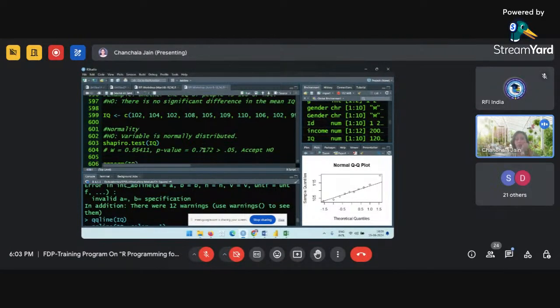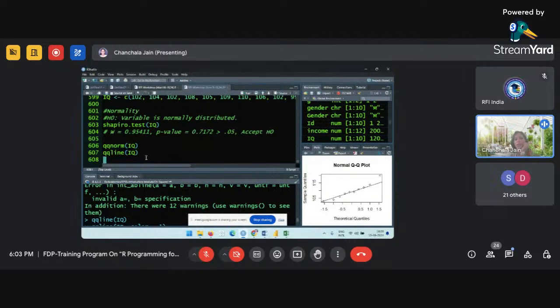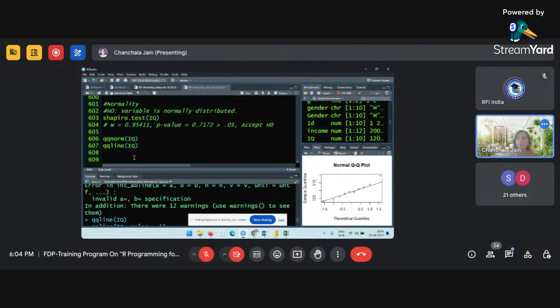So again, using the QQ plot, we can draw a conclusion that the variable IQ is normally distributed. Fine. But when there is so much deviation in these data points, in that case, you can draw the conclusion that your variable is not normally distributed. It is clear? May I proceed further?